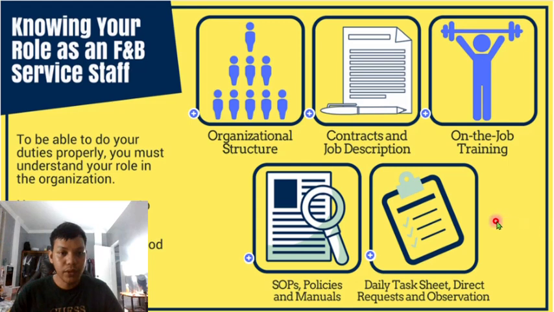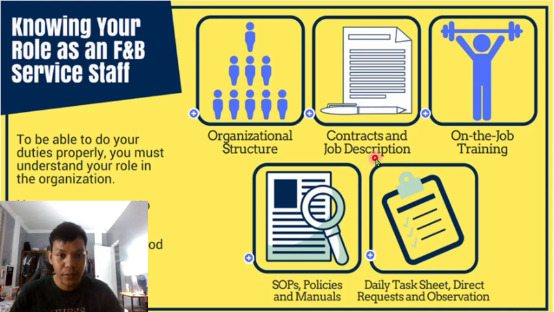For example, if you apply for a job in a restaurant, you will be hired by the HR manager, and then you will be given a contract with a description written. If it is contractual, for example, you will have a contract of 1 year working in the establishment.